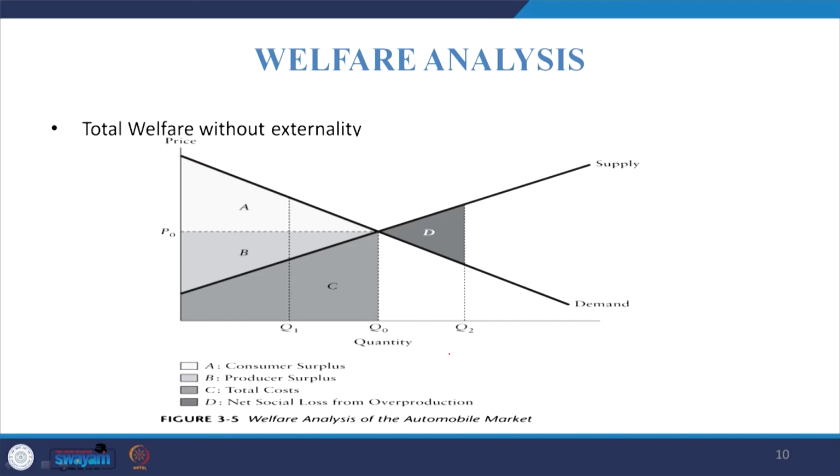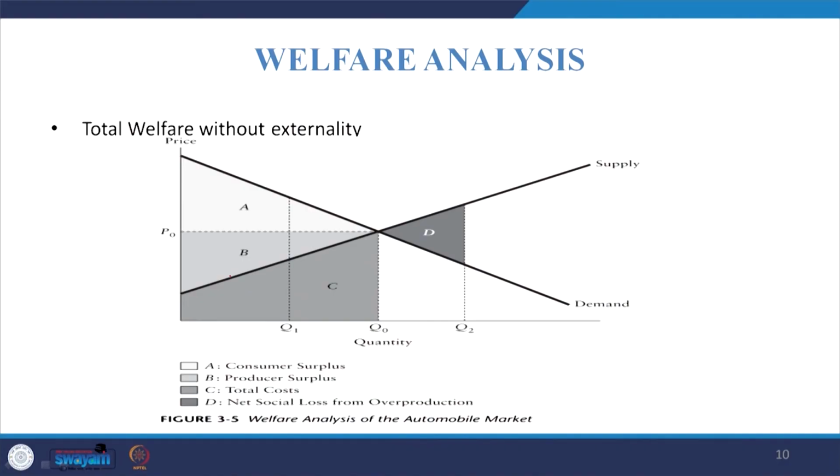So, this A part shows, as we already discussed, consumer surplus. B part indicates producer surplus. C part shows the cost of producing the quantity when OQ quantity is produced; this total area is known as total cost.